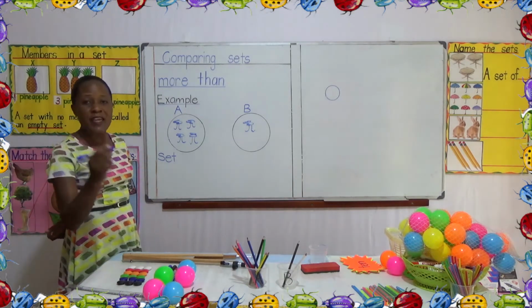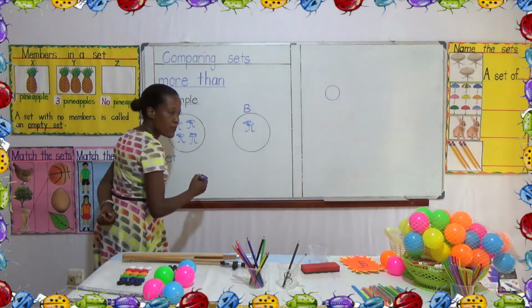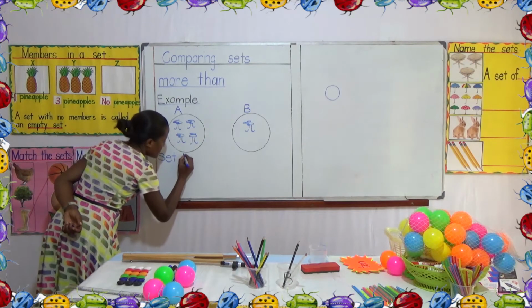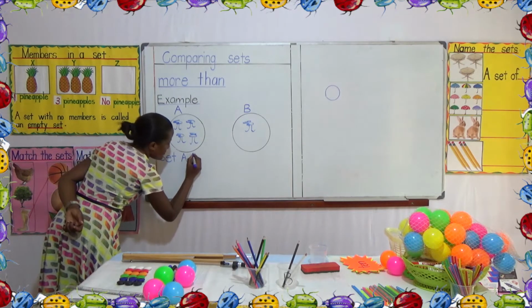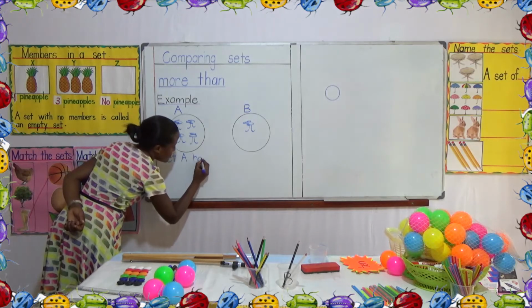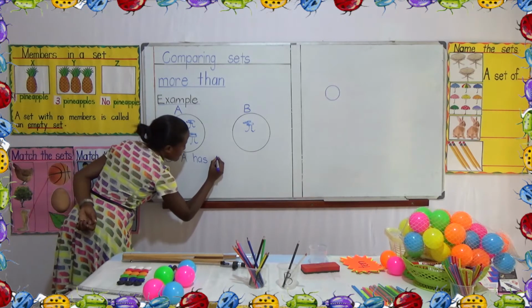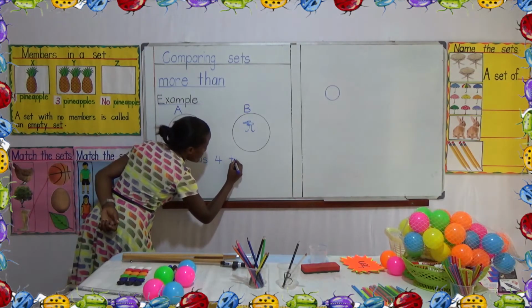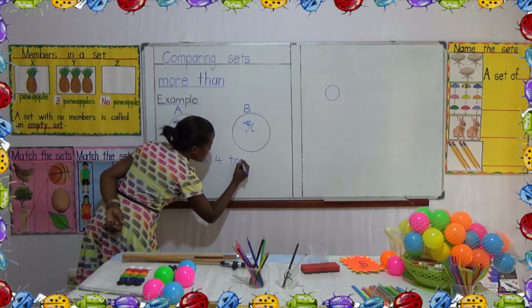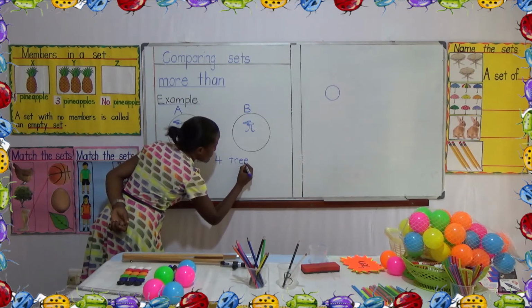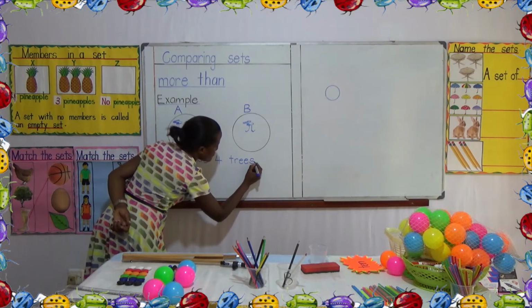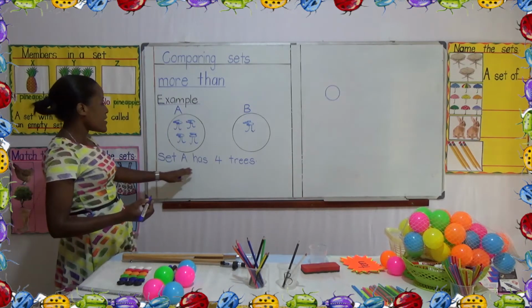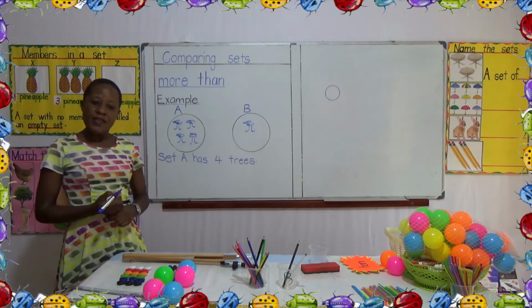I am going to write set A has 4 trees, okay? Yes, set A has 4 trees.